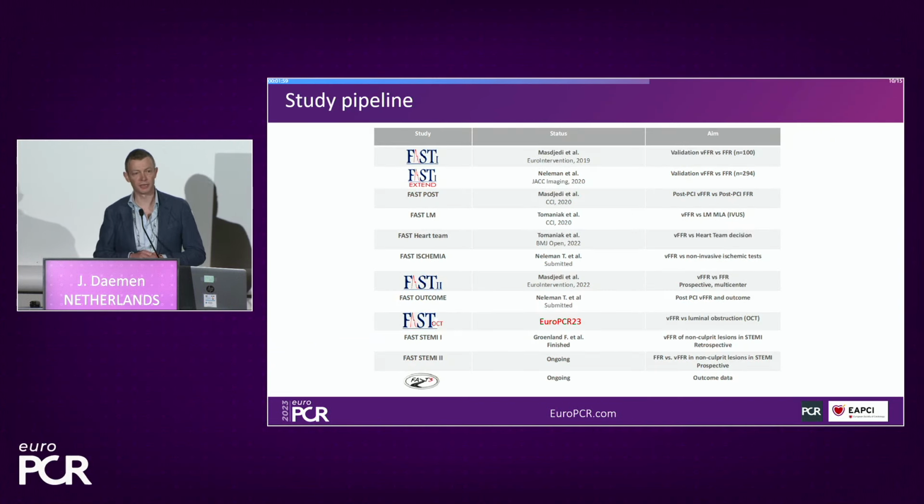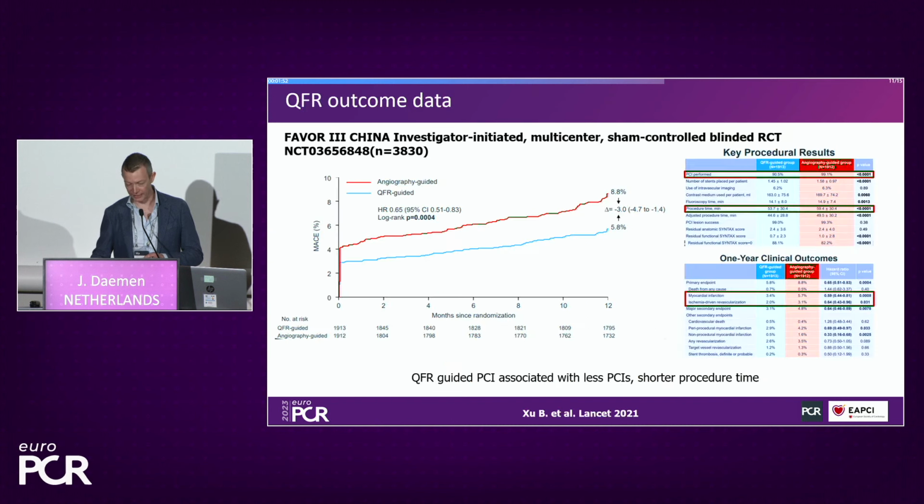The FAST study pipeline hasn't stopped after FAST 1 and 2. We validated the concept as compared to OCT, and importantly, we're looking at outcome data. And this is the first outcome trial with angio-based physiology that has been published 2 years ago, called the FAVOR-3 China trial with the QFR technology, actually illustrating that if you compare an image-guided treatment strategy in which you randomize patients either to an angio-guided procedure versus a QFR-guided procedure, you are able to significantly decrease event rates at 1 year.